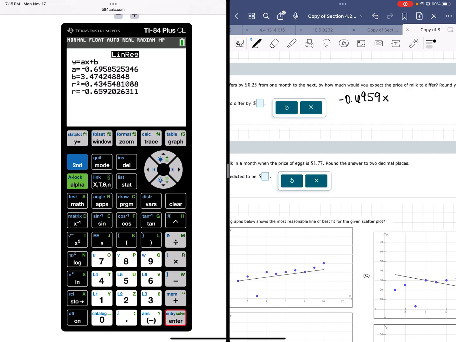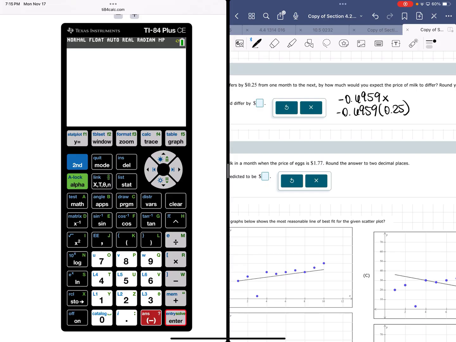Just plug it in there. Let's see if it'll work, okay. So I'm going to say negative 0.6959 times, what, 25 cents? Okay? So negative 0.6959 times 0.25. Yep.